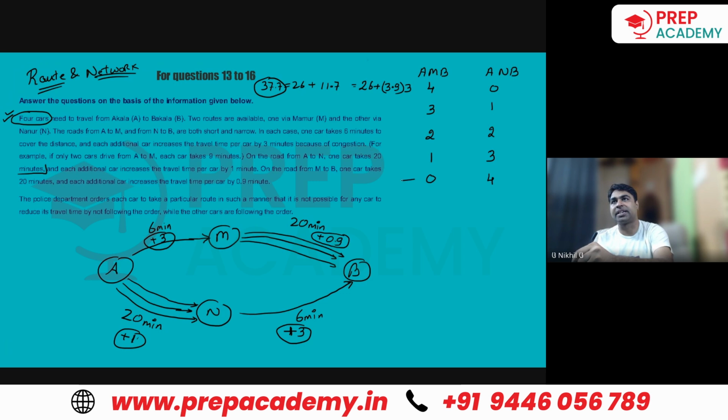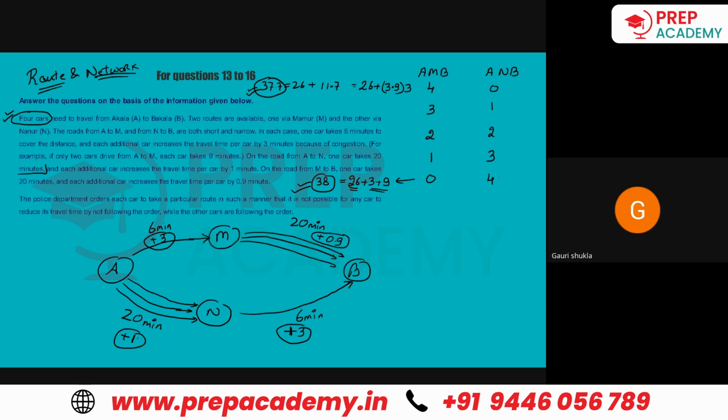Similarly, in this particular scenario, if A and B route is being followed, then 26 will be there for sure, and 3 minutes for the AN route, and 3, 9 minutes, 12. So 12 plus 26 would be 38 minutes. So 38 minutes here and 37.7 minutes here.